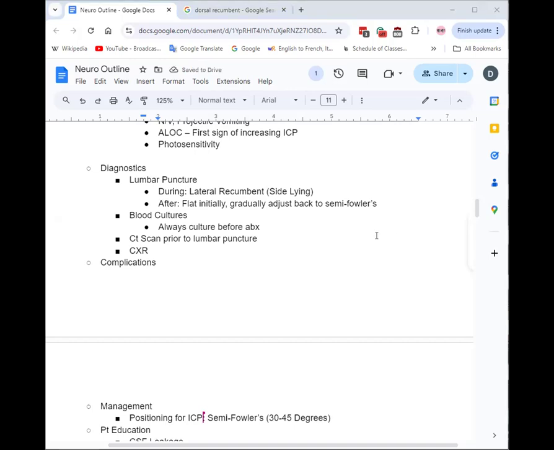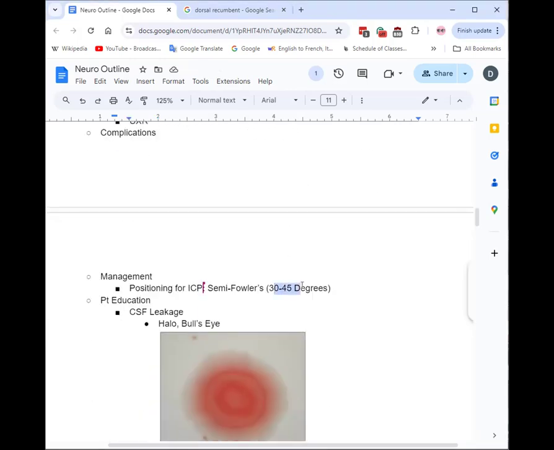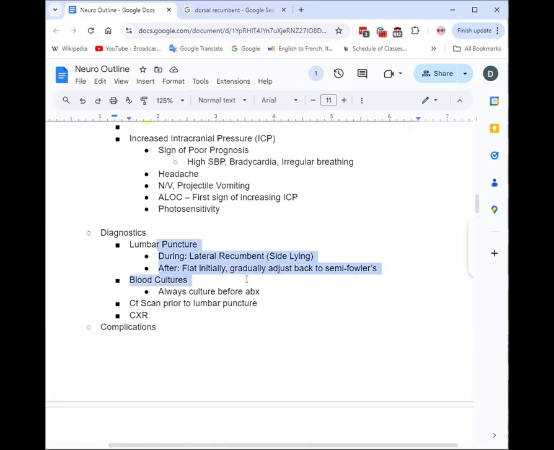Because remember, you do want that head position at semi-Fowlers for better management of ICP, but after a lumbar puncture, they want to be flat because they also don't want to leak cerebral spinal fluid. So you just have to get them flat and then gradually work your way back up to what you need to have them at.